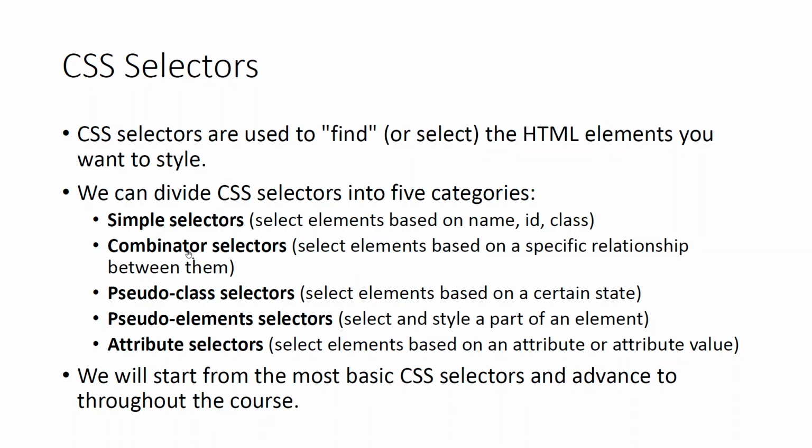Okay, so the second one is what we call the combinator selectors. Now in this case, maybe we are interested in selecting a particular tag, and for this particular tag, there is what we're calling a relationship that exists between these tags.